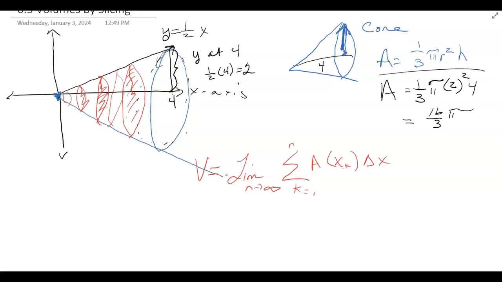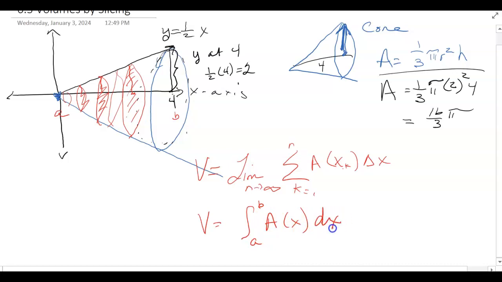Well, we already know what taking a limit to infinity of a summation is. Well, that's an integral, between one defined value and the other, of the area of whatever that figure is that is sliced, dx.